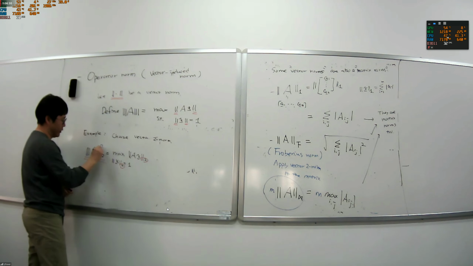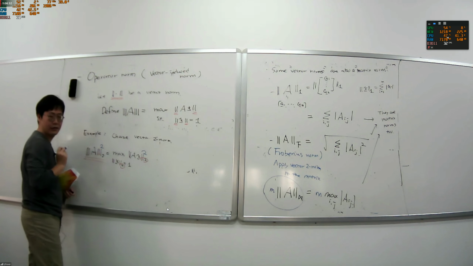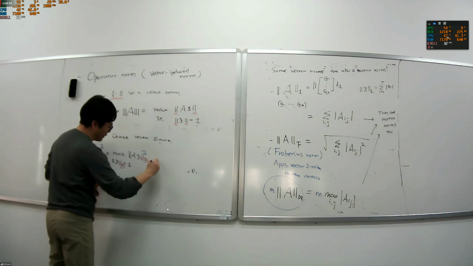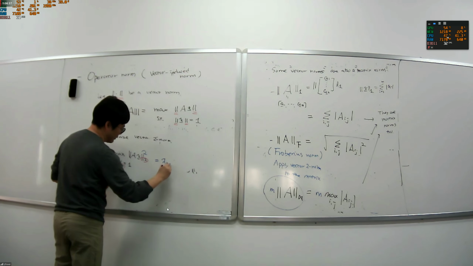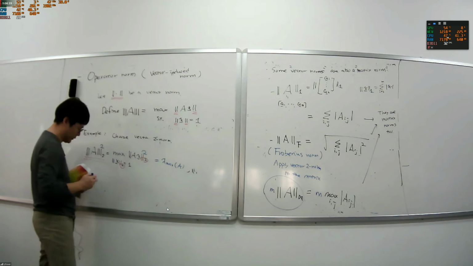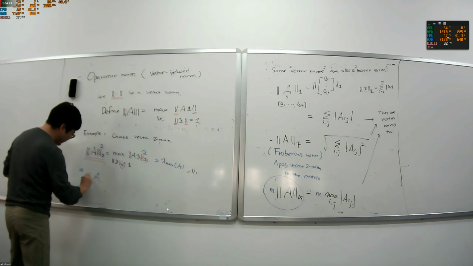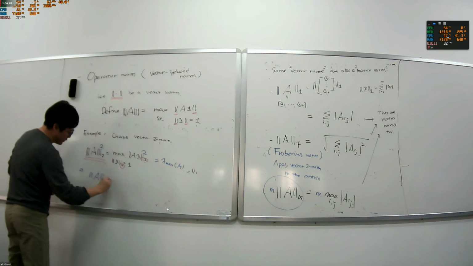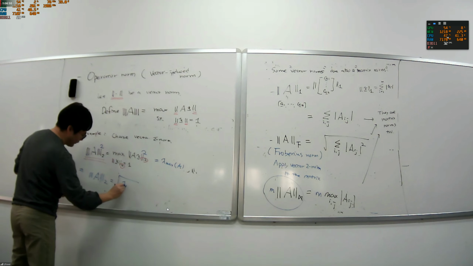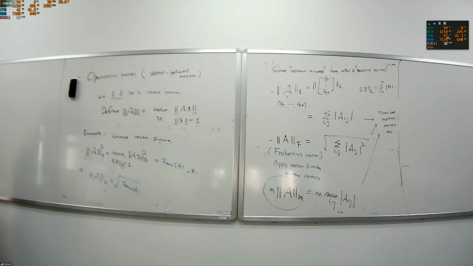We take a square, and this is the largest eigenvalue. So the matrix 2 norm is the square root of the largest eigenvalue.